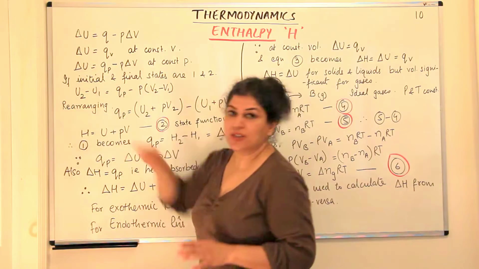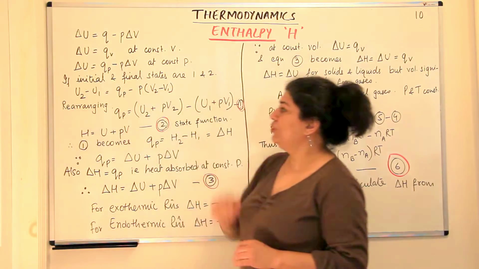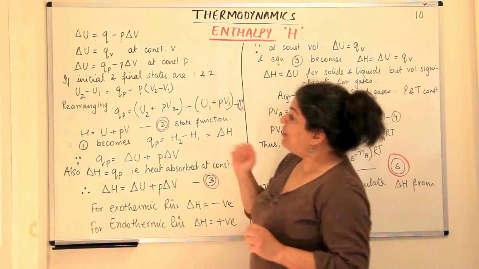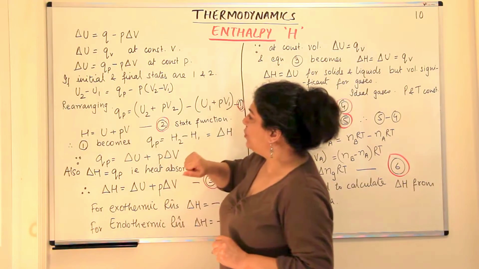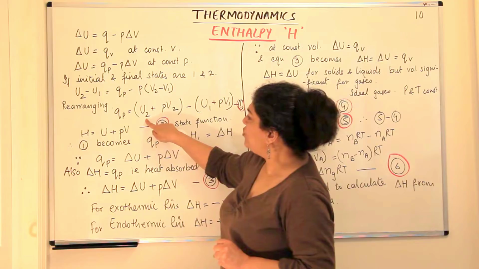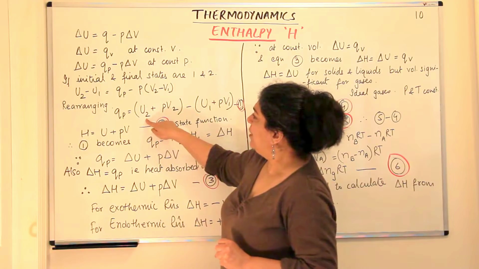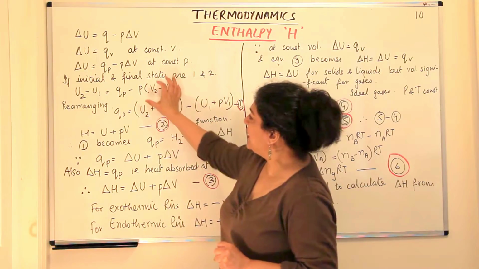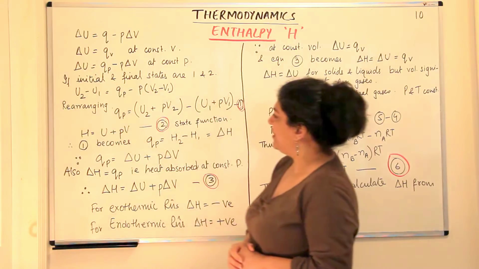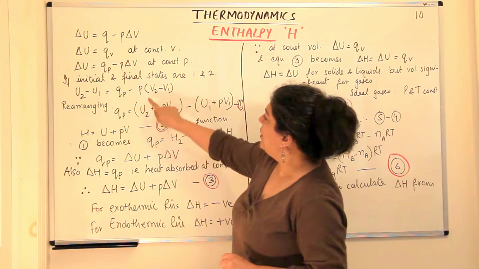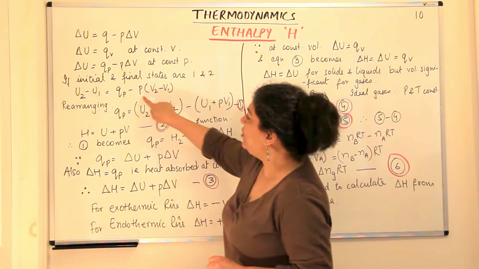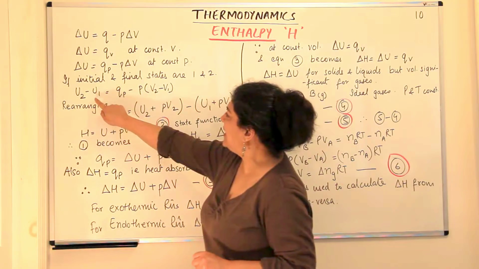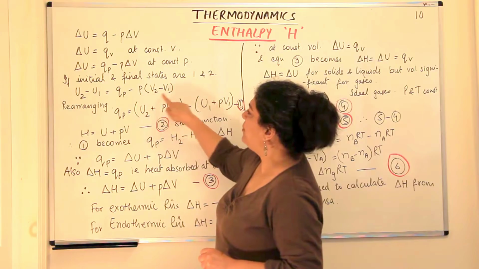Now, if we rearrange this equation, what are we doing? We'll take QP to this side and bring the U1, U2 to the other side. Or rather, let me say I'm bringing this entire part here and keeping QP where it is. So U2 plus PV2. Do you see? The sign of PV2 would change when it comes to this side, PV2 and PV1.